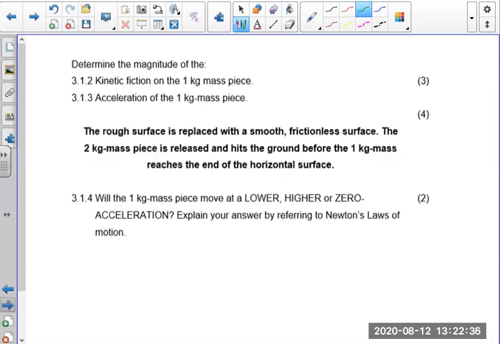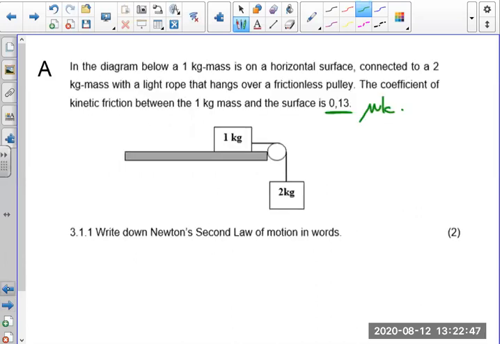Next, they say, determine the magnitude of the kinetic friction on the 1 kilogram mass. So they want us to work out the friction force. What did I show you? Friction equals μk times the normal force.